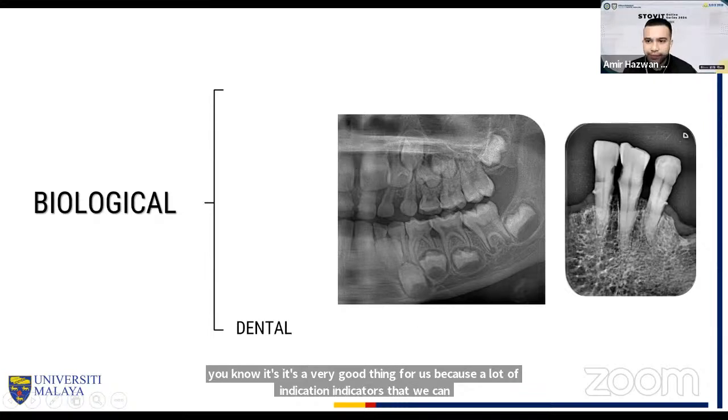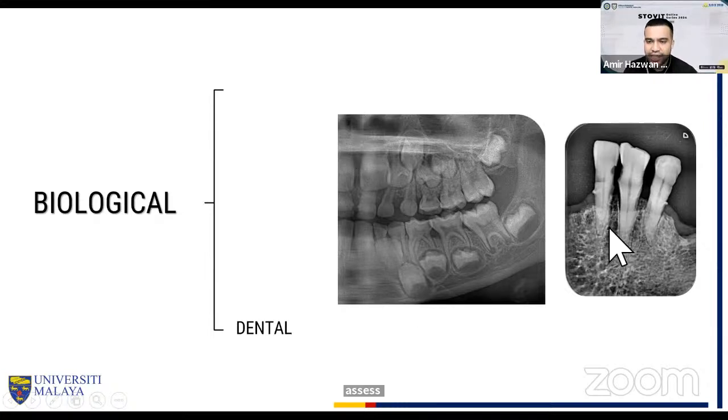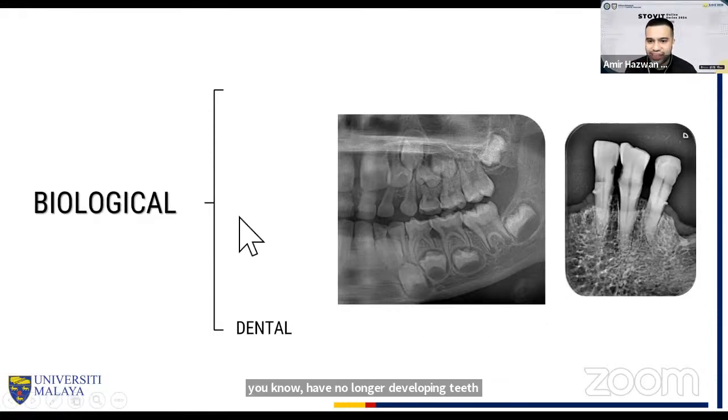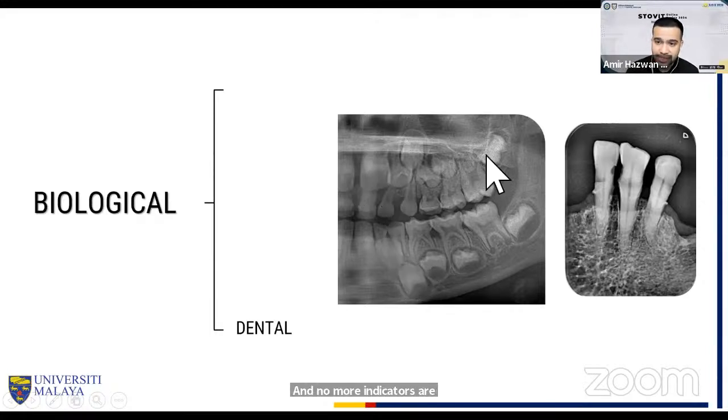But once somebody no longer has developing teeth, the permanent teeth have all erupted, and there are no more indicators, at least for the developmental aspect, it's much harder to assess or to perform age estimation.